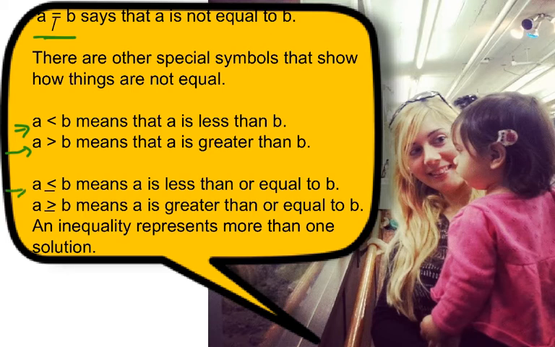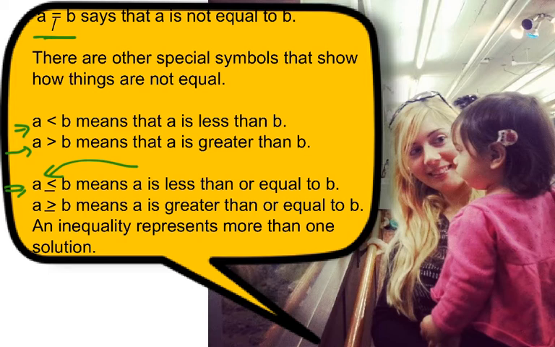And these are some that are new to you, probably. A is less than or equal to B is represented by this symbol. You can see that it's the same, but it has this little line at the bottom. That line means that it can also be A. In other words, if you have a budget of $50 or less, you have A is less than or equal to B. And then, of course, greater than or equal to B means it can be A, but it has to be something bigger as well.